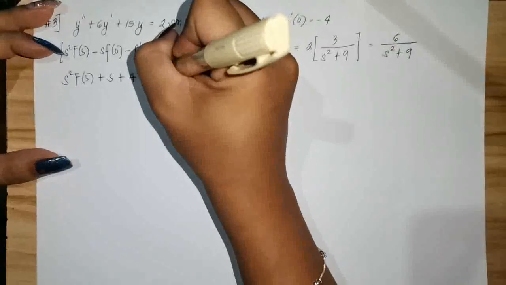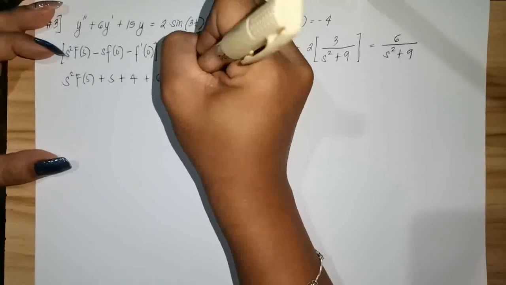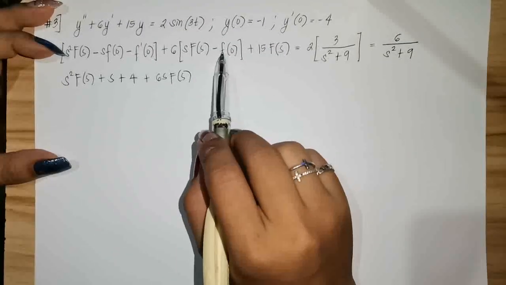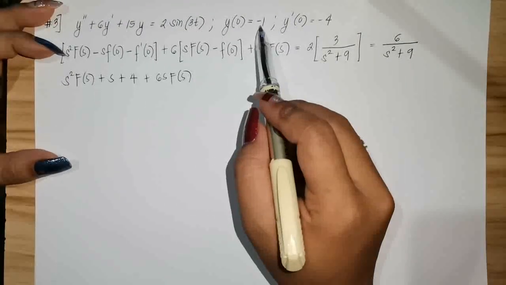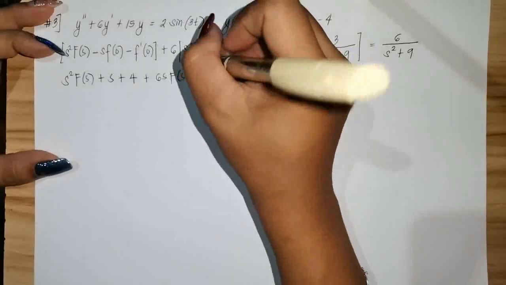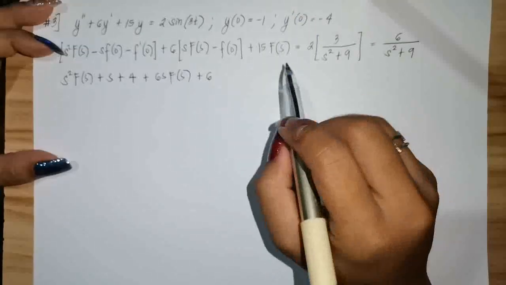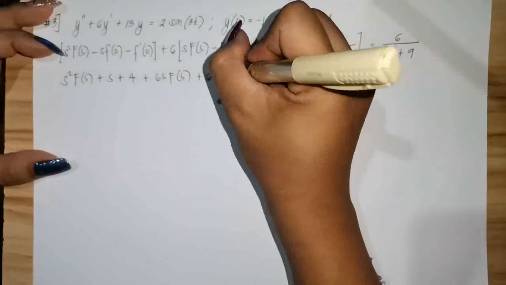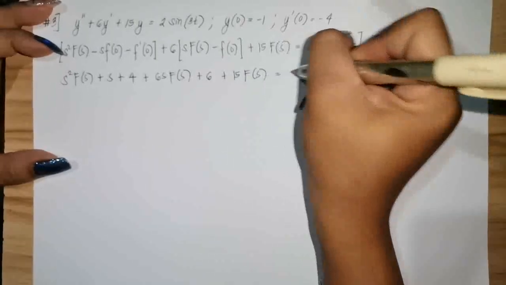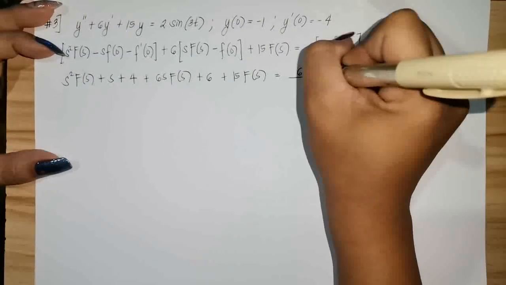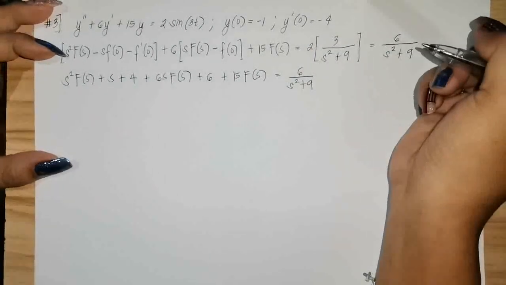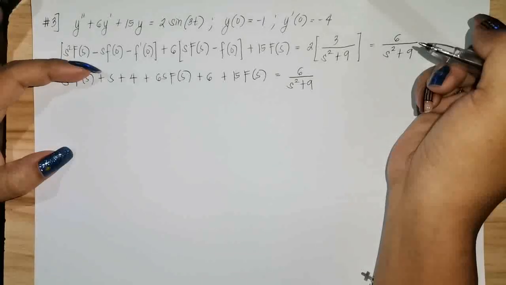Next is plus 6s, then f of s, then you will have f of 0, that is negative 1 multiplied by negative, that is positive 1 multiplied by 6. So you will have plus 6. Next is plus 15 f of s. Equal siya ngayon kay 6 over s squared plus 9. Then again, lahat ng walang f of s, ililipat natin sa kabila.